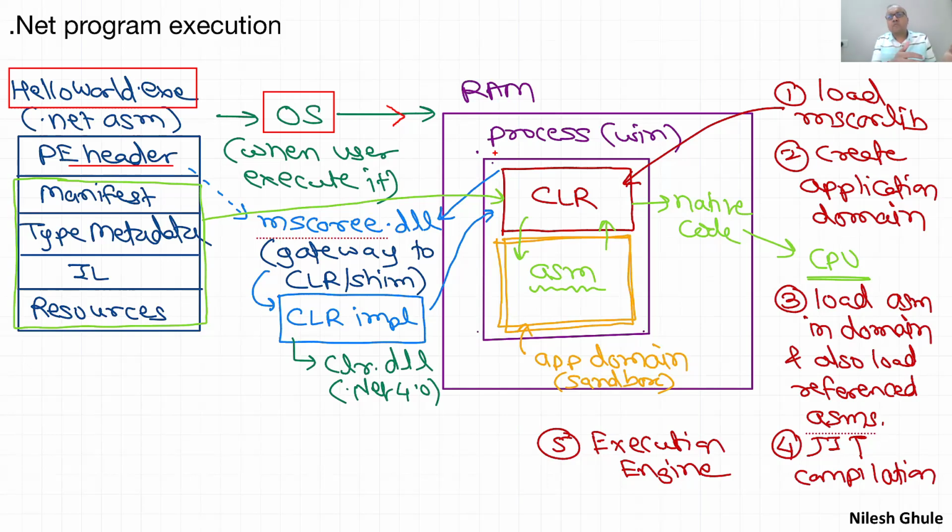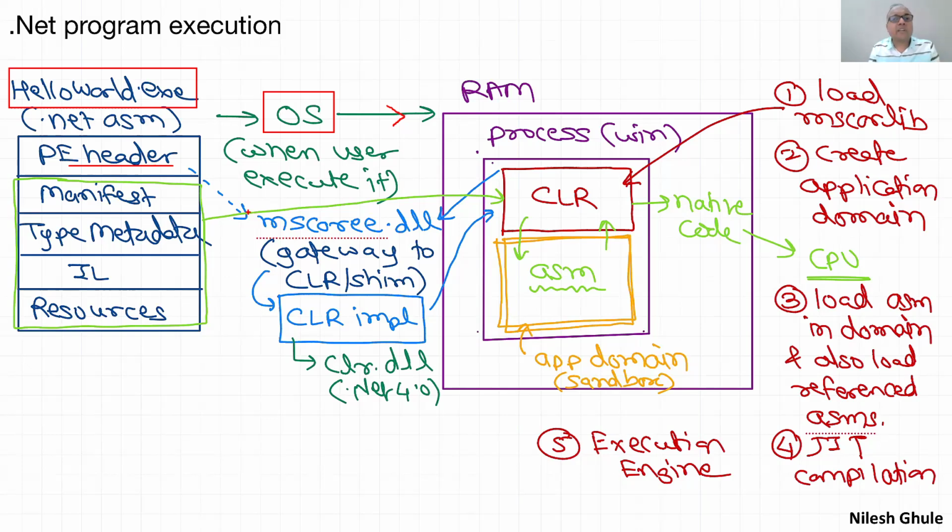Let me tell you that when you run any C++ kind of application, when the program is loaded in memory, the very first thing it tries to execute is some entry point function, which in turn makes a call to the main function. Now over here also, this PE header contains the address of some entry point. And you know what the entry point is?